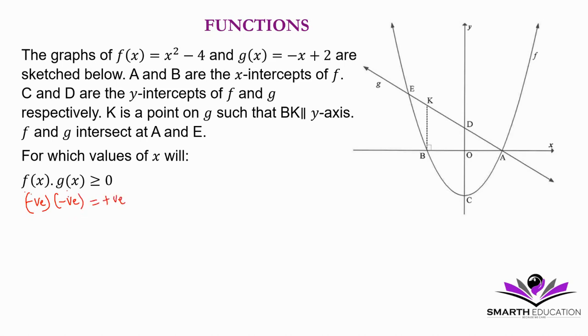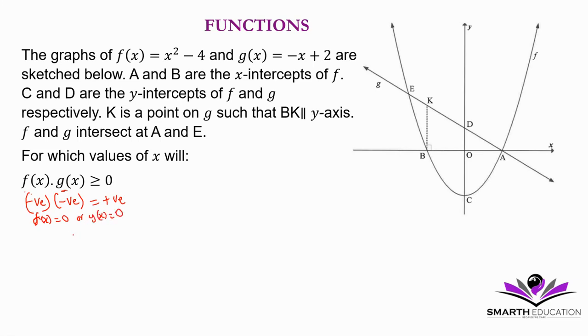Or either f of x or g of x may be 0, because we want where this product is greater than or equal to 0, where f of x is equal to 0 or g of x is equal to 0.